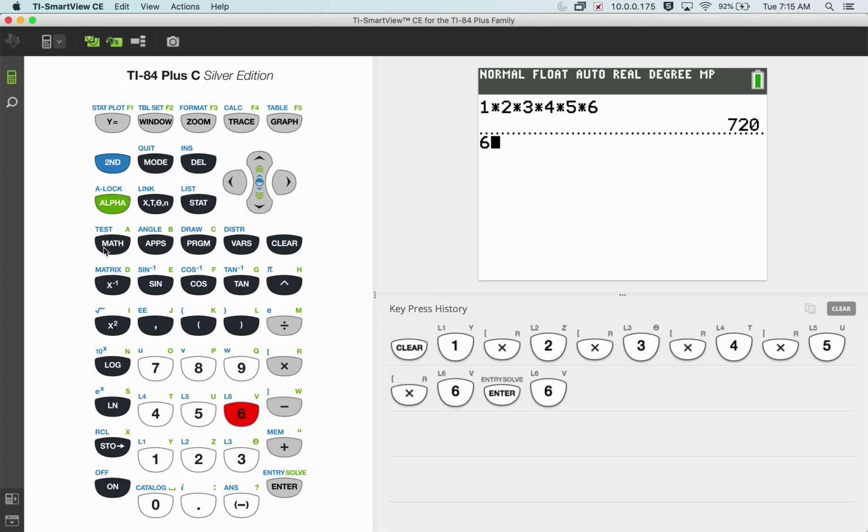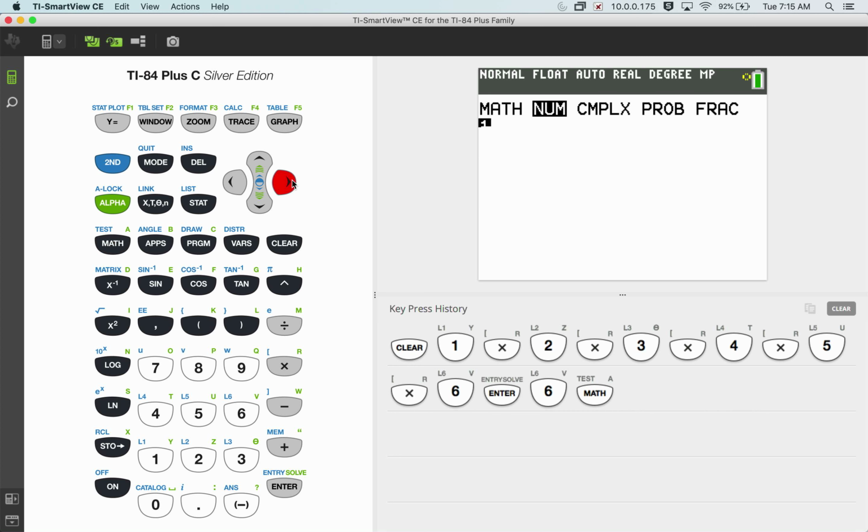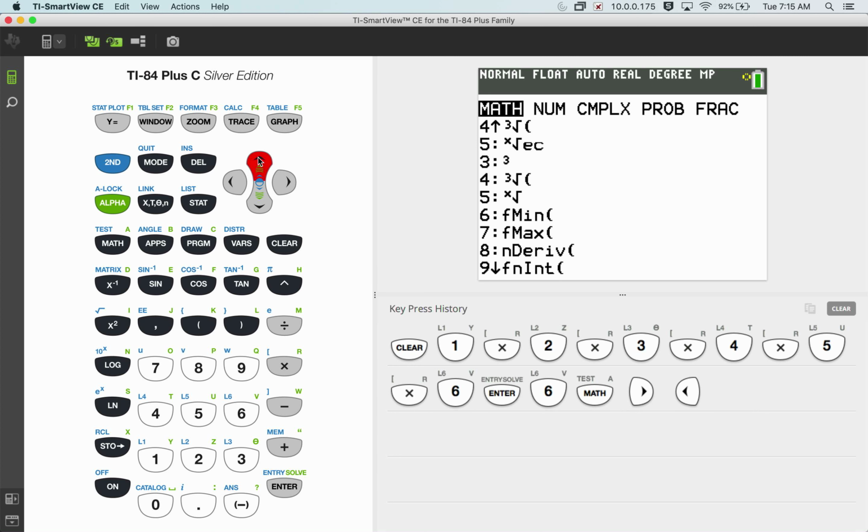Or I can do 6, then math, and then it's under prob. Where is factorial? Everyone's probably screaming at me right now. I use it all the time.